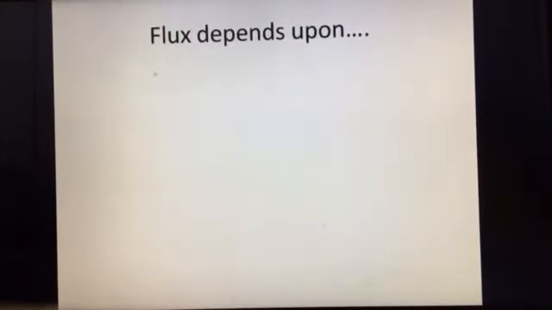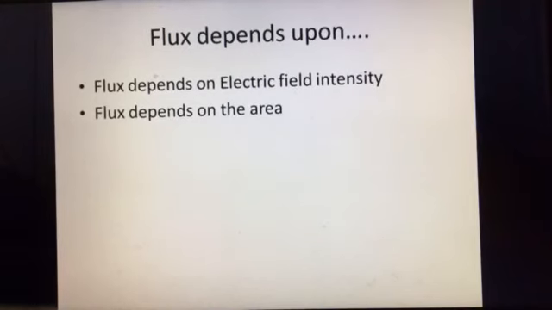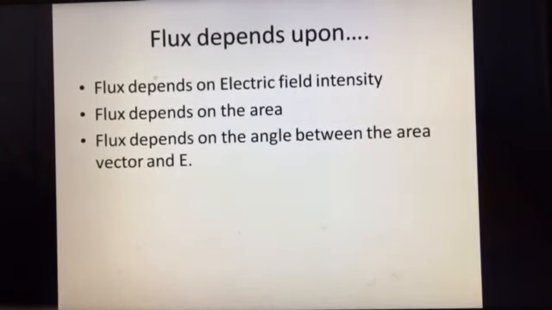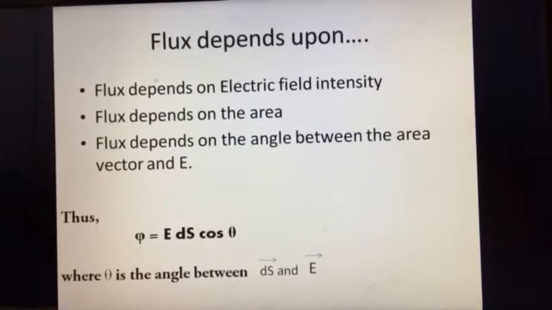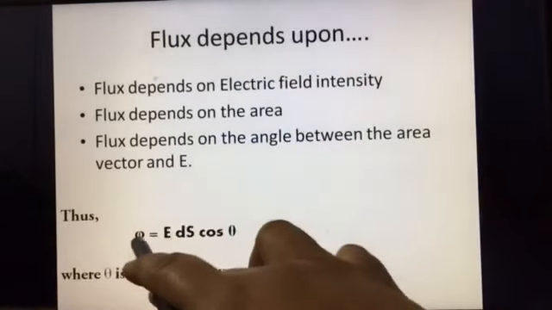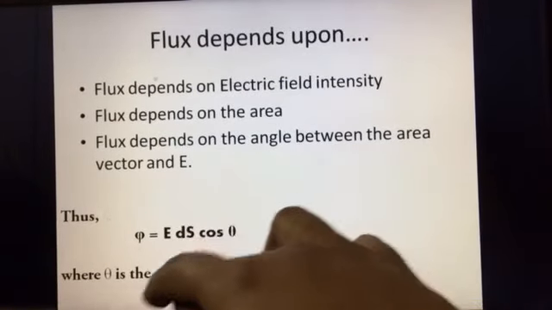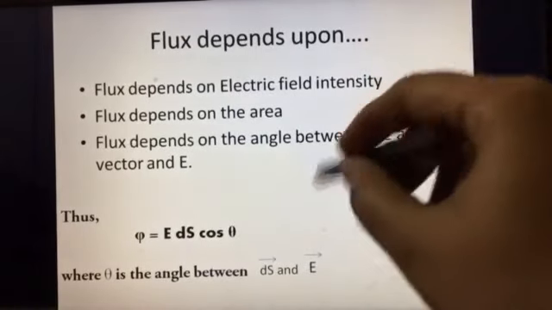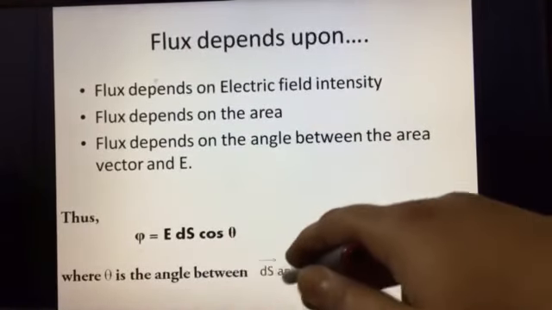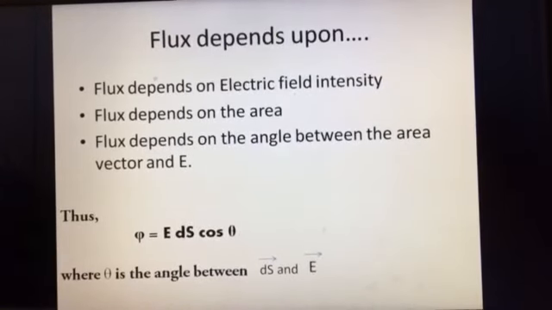Flux depends upon the electric field intensity, the magnitude of the area, and the angle between the area vector and E. So I get the relation: flux is equal to E ds cos theta. This is the flux linked with that small area ds. Theta is the angle between the area vector and the electric field intensity.